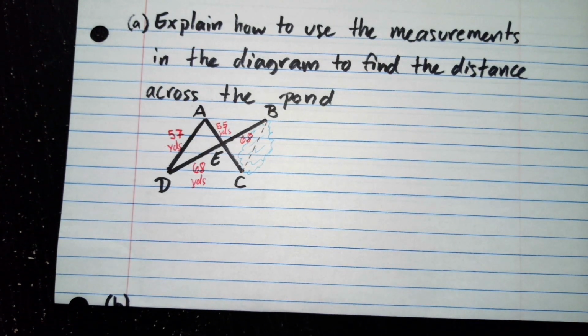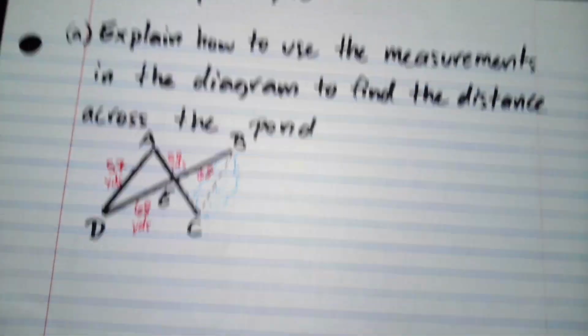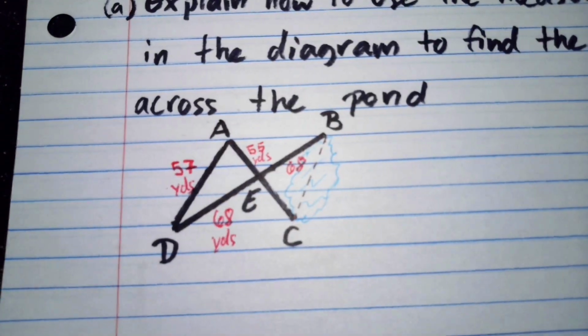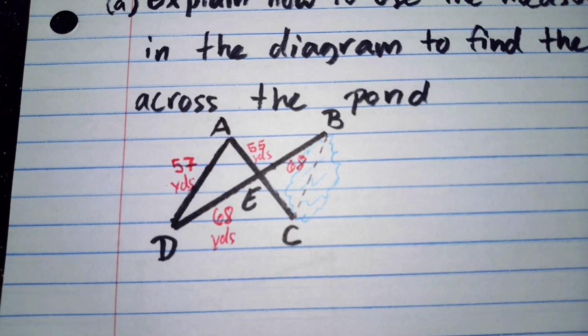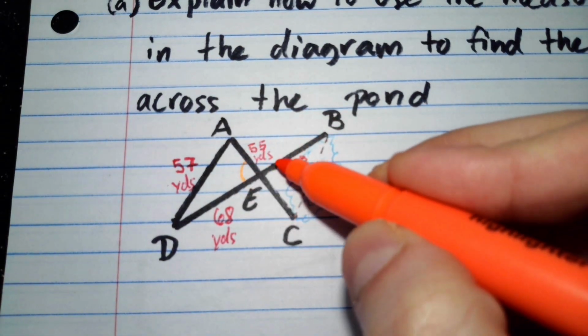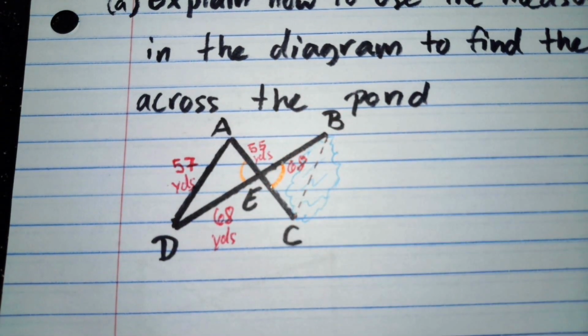In order for us to be able to do that, we're going to be using everything that we've been learning so far about the congruence theorems for triangles. The first thing that I'm noticing from this diagram, I'm going to zoom in a little bit more, is that I have vertical angles right here and right here.